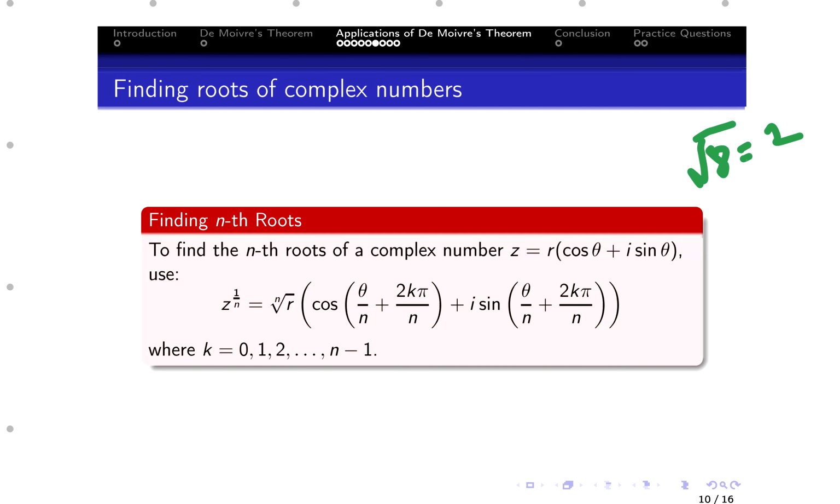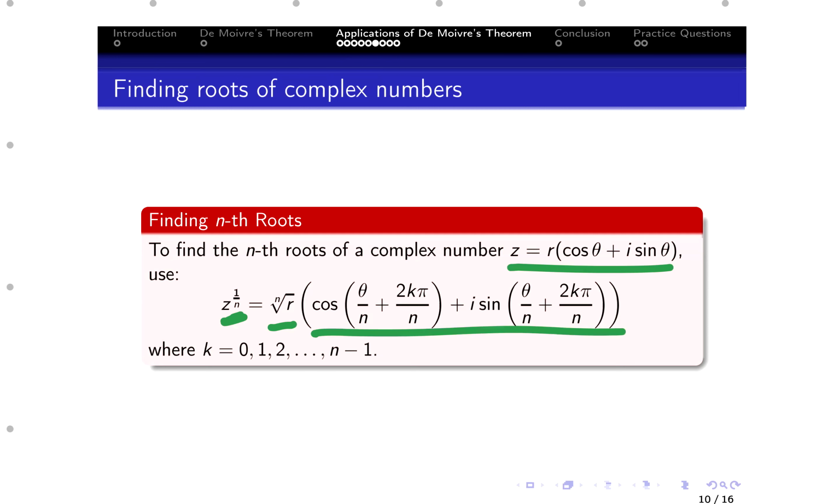And to find the nth root of a complex number z equals r cos theta plus i sin theta, this is what you use. The nth root of z, as z raised to 1 over n, is the nth root of r times cos of theta over n plus 2k pi over n, plus i sin of theta over n plus 2k pi over n. Now, k is defined as 0, 1, 2, up to a step short of the root you're looking for.